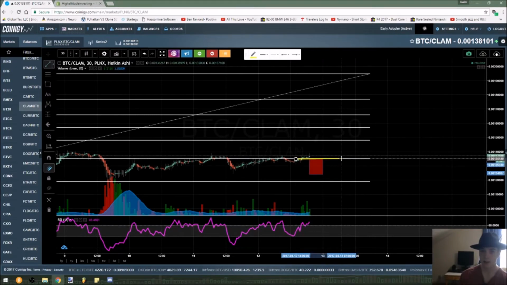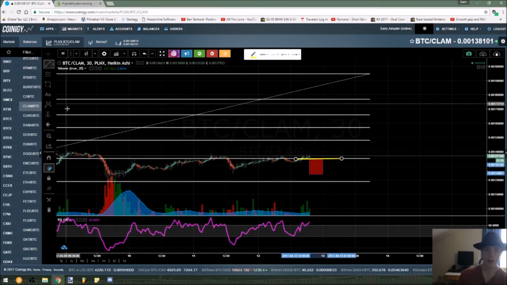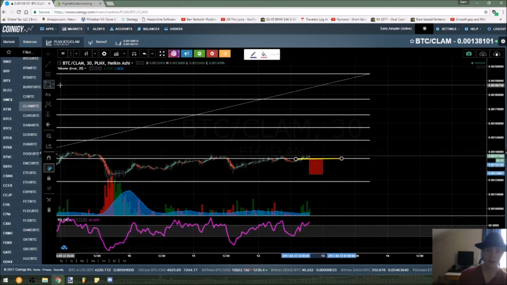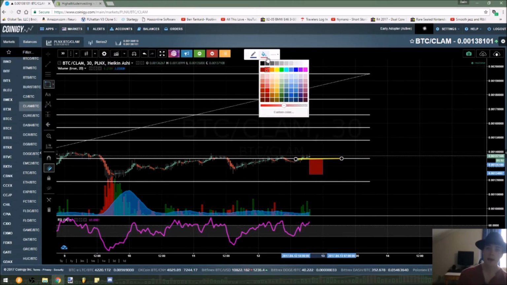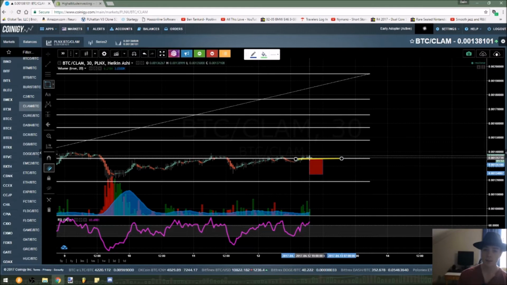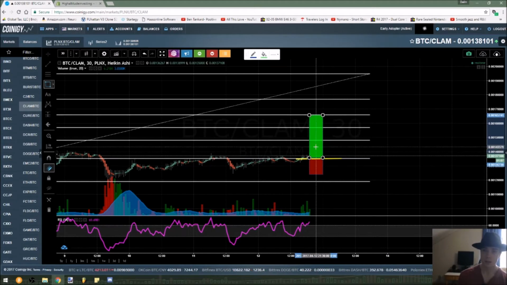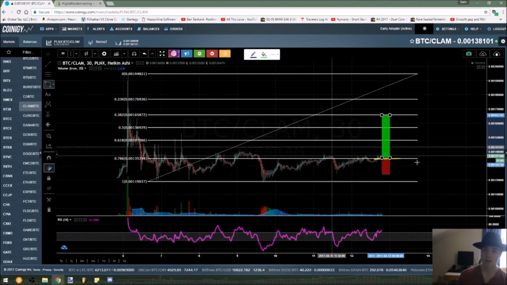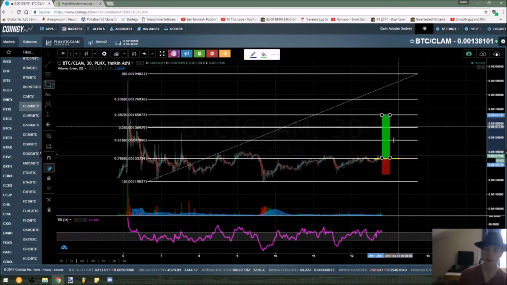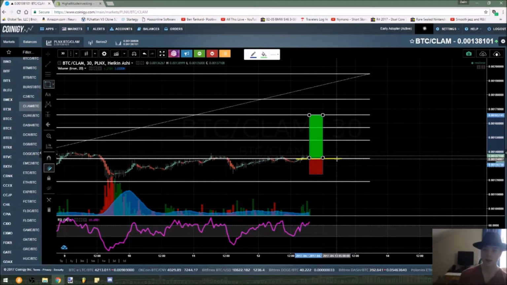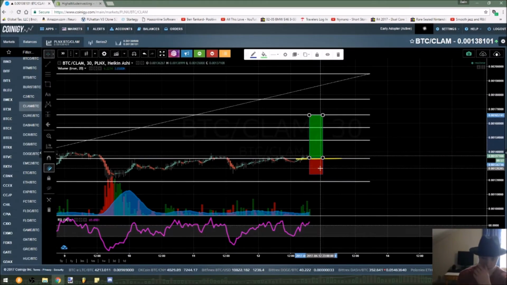So this yellow line is going to be our entry point, and that red box is our risk. Okay? And then let's say that we're trying to take profit on this trade up here, this fib right here. So that's when we're willing to exit this trade into profit. So here's our entry, here's the risk we're willing to take, this red box, and then this green box is when we're ready to take profit.